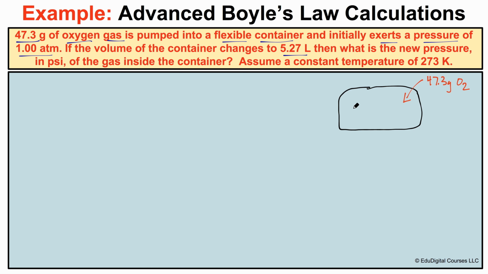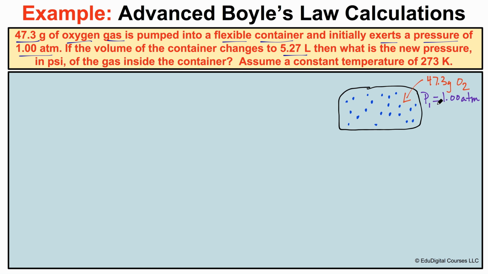And so we'll put some gas molecules in here that represent oxygen gas. What we know initially is that there's 47.3 grams of oxygen gas, and if we read on, the pressure inside of this container initially is 1.00 atmospheres.